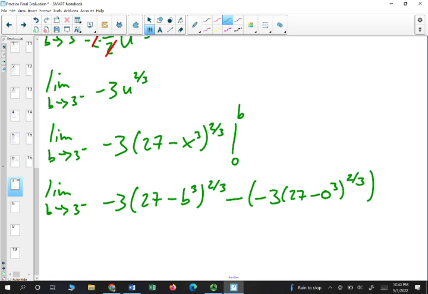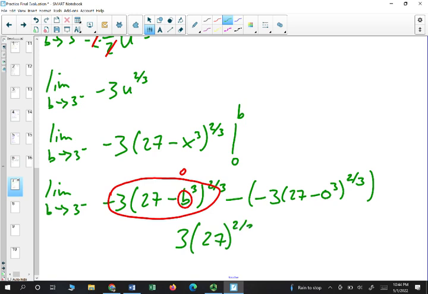Okay, so now as we take the limit as b approaches 3, we end up with 27 minus 27. This would approach 0. Minus a negative will be positive. 27 minus 0 is 27 to the 2/3.